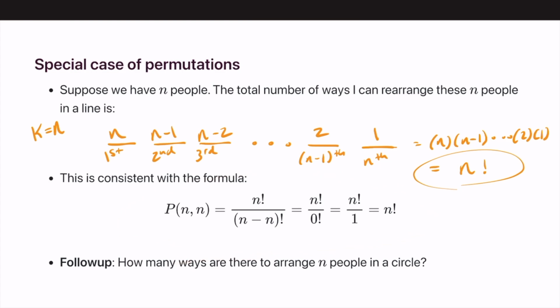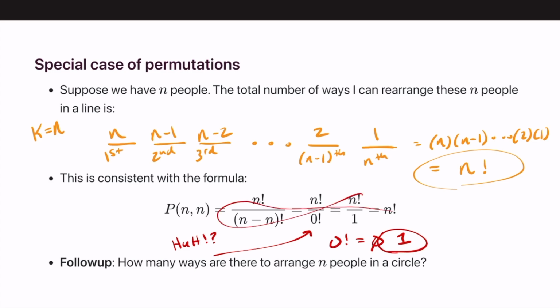And one thing that's interesting to note here is what's happening over here. Well, 0 factorial is, believe it or not, 1. If it was 0, then of course this wouldn't work out.